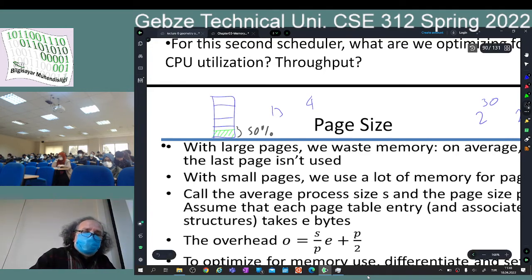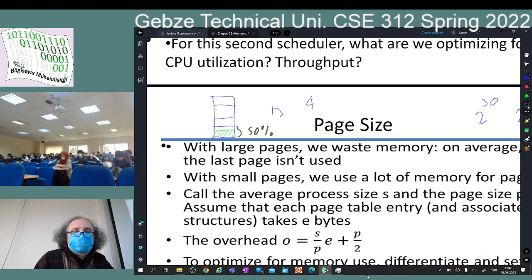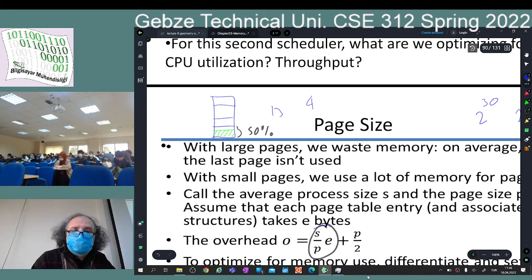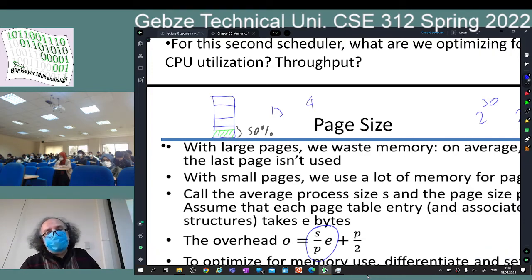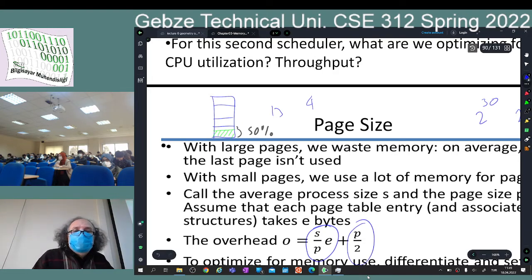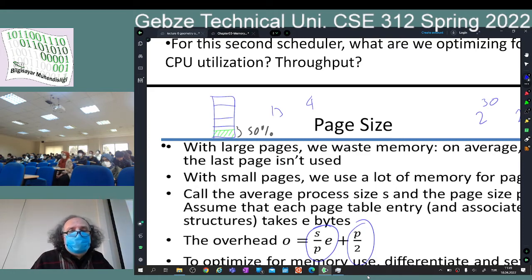So S over P times E is the memory I need to use for my page table. The other thing is that for each process, I am going to waste half of the last page, so P over 2 will be wasted.